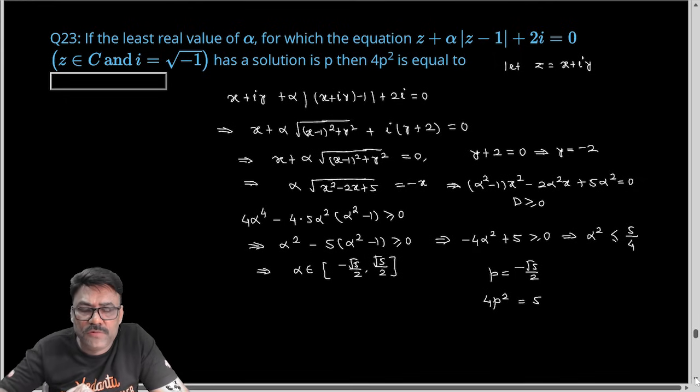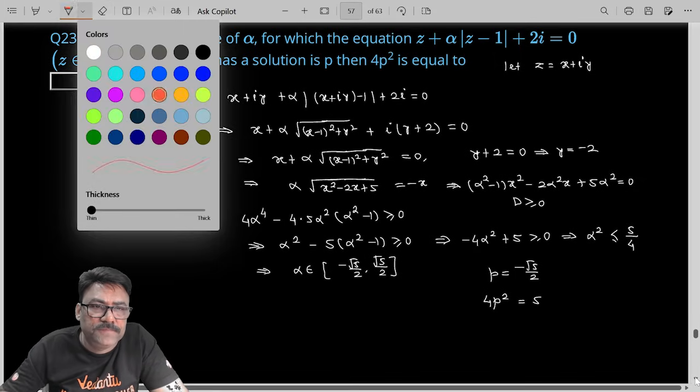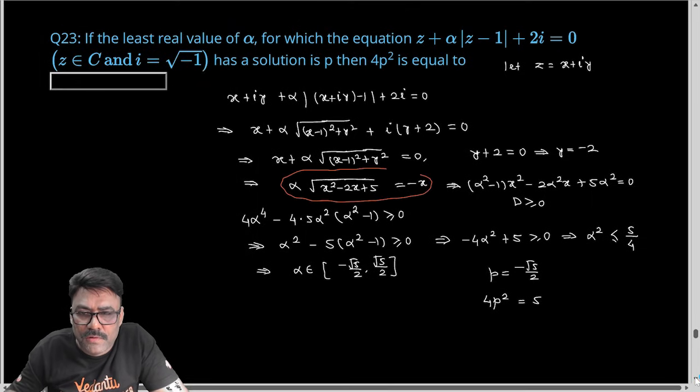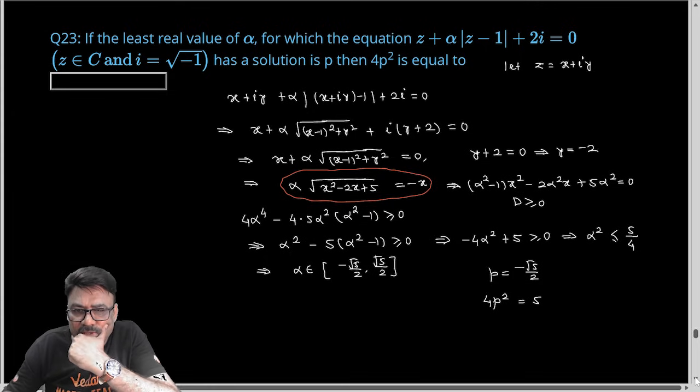And one more thing you should notice here, just look at this equation carefully. If I take x as positive, then alpha must be negative. And if x is negative, then alpha must be positive. So alpha and x must be of opposite sign here, because this square root is the positive root.